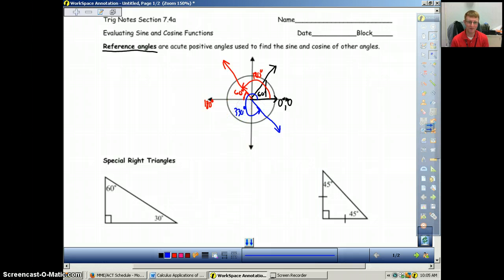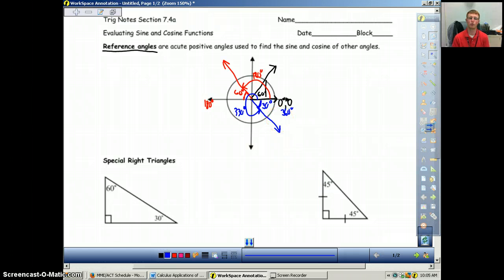But our reference angle has a lot to do with the 330 degrees, but what it really has to do with is what is left. In other words, what would this angle be in between the ray that was created at 330 degrees and what's here? So remember, 360 degrees is where we end. If we've already gone 330 degrees, then this reference angle is going to be 30 degrees.